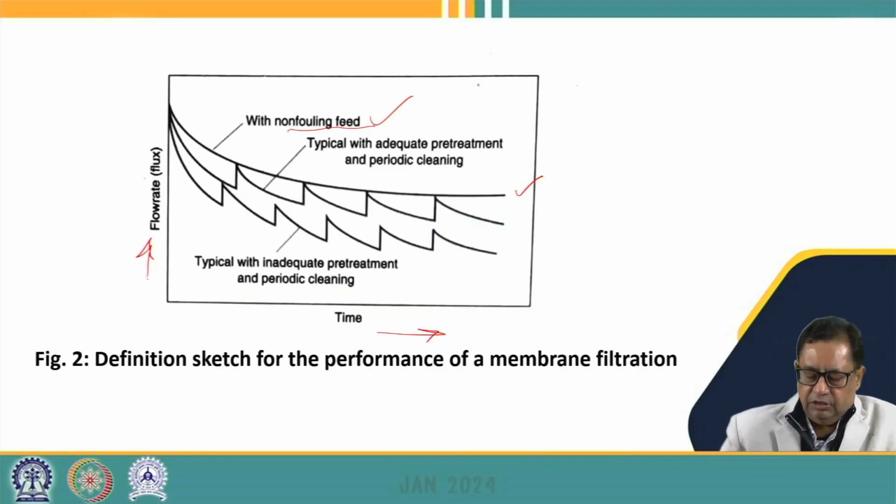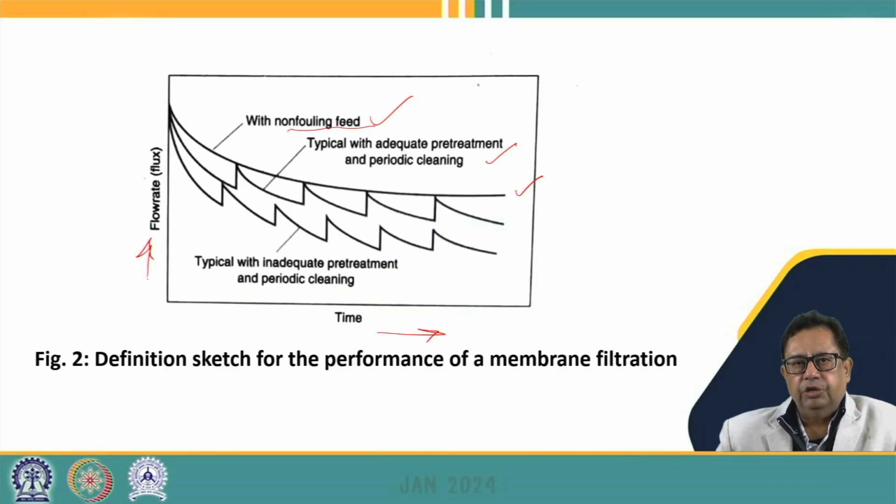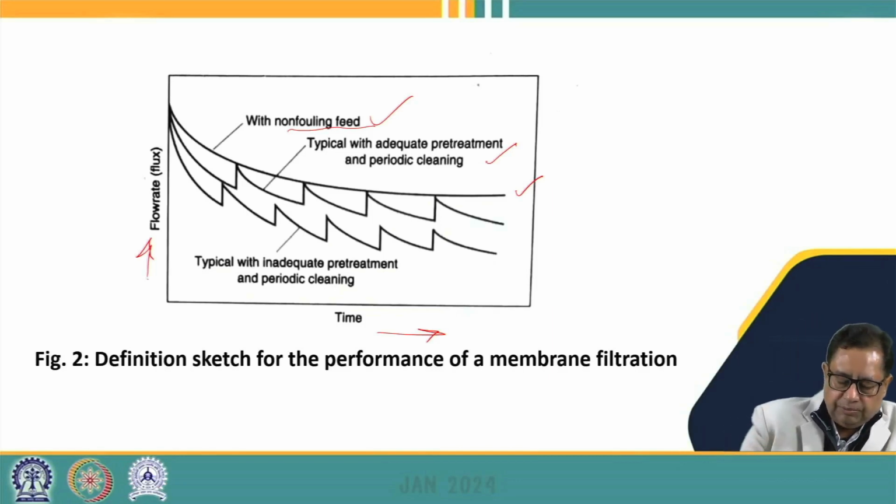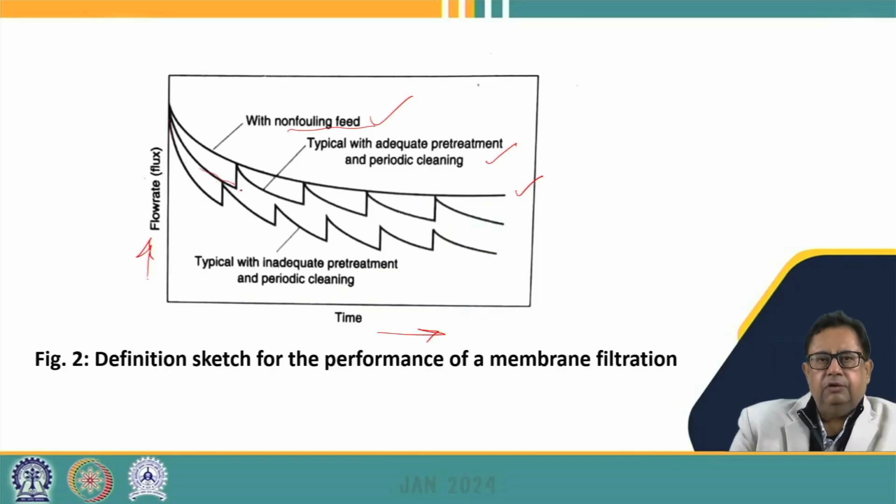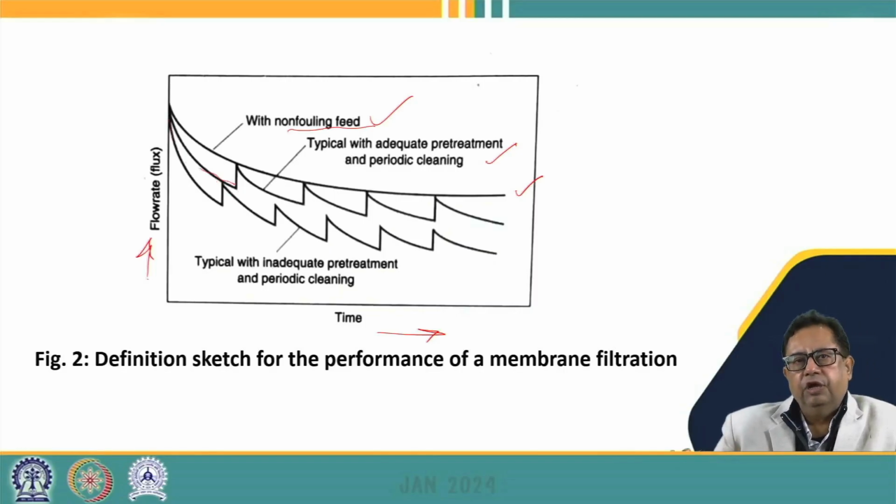But when we have a system with adequate pre-treatment and we are using periodic cleaning also, the flux will slowly decline to a certain level where we have to clean it again so that the flux of the membrane can be regained.